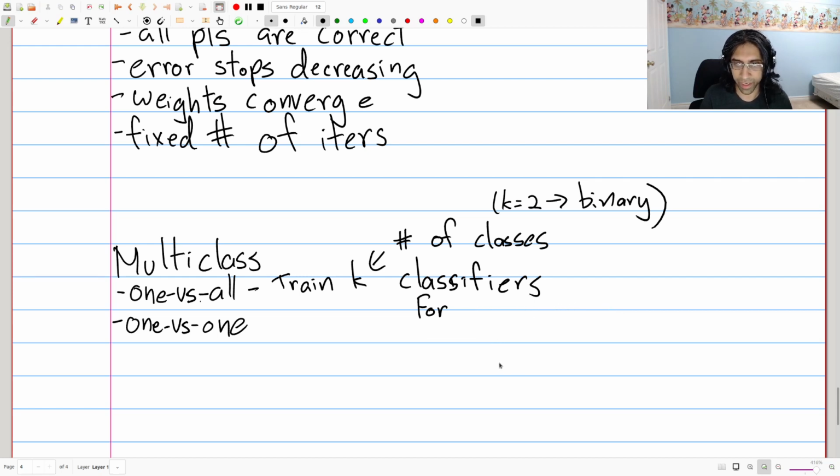Essentially, for the ith classifier, we're going to look over all our training data, and if any point in our data set has the label I, then we're going to set it to 1. And if it has a label besides I, then we set it to -1. So the idea is we reduce this to the problem where the label indicates, is the label of this point I or is it not I? And so for this specific classifier, you can train it to try to predict whether it's I or not I.